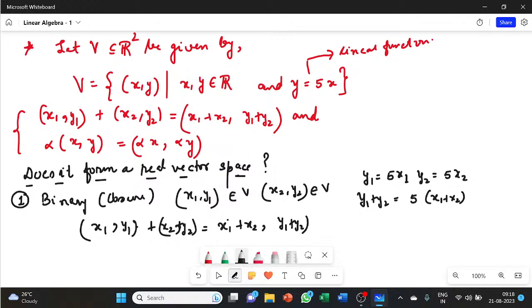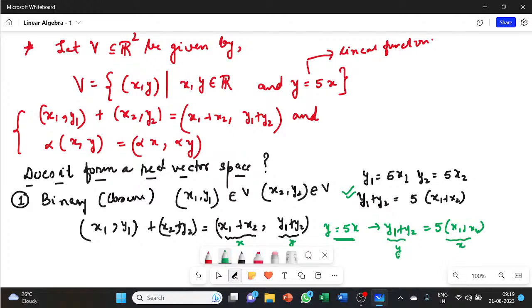Now remember, this is your x and this is your y. Clearly, y is equal to 5x, because now your y is y1 plus y2, and I have written here that y1 plus y2 is equal to 5 times (x1 plus x2). So here is your x, here is your y, so y is related to x by y equals 5x.